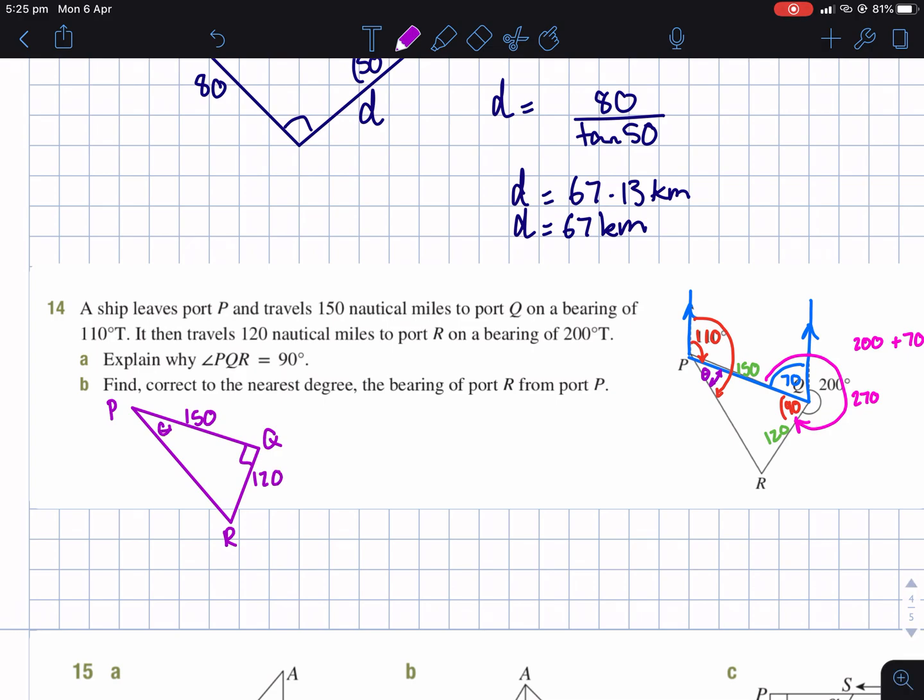So we're going to use tan. Tan theta equals 120 over 150. So theta equals arctan of 120 over 150, which is 38.66 degrees.